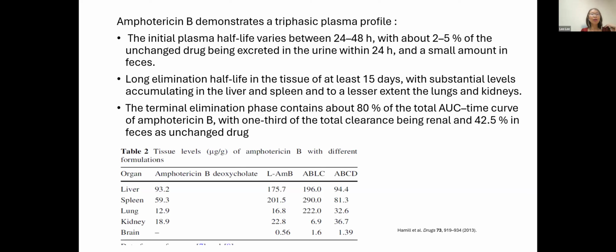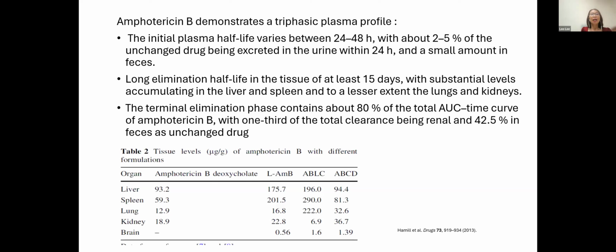This drug has a very long half-life in the tissue of around 2 weeks, with substantial levels accumulating in the liver and the spleen, and to a lesser extent in the lungs and the kidney. Then it comes to the terminal elimination phase, whereby of the remaining amphotericin B in the body, 40% will be excreted in the feces and another 1/3 will be cleared by the kidney.